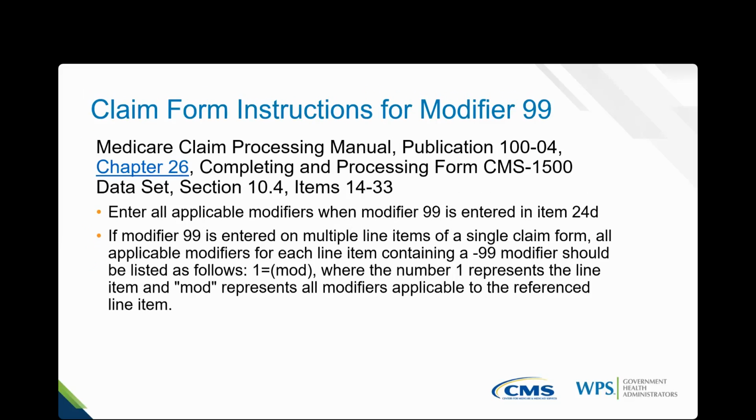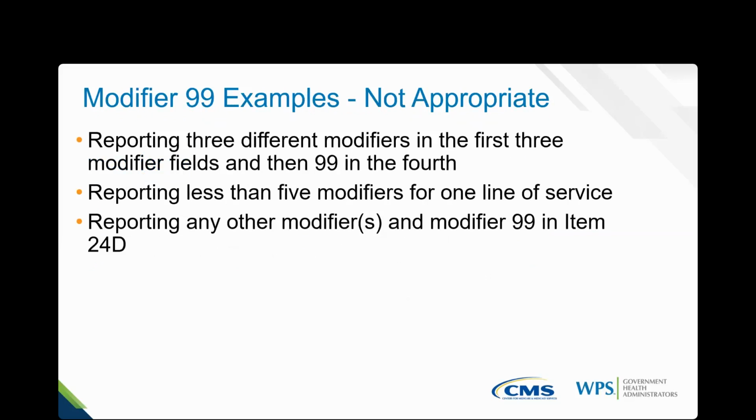Next are those examples of not appropriate use for the 99 modifier. It is not correct to report 3 different modifiers in the first modifier fields followed by the 99 modifier in the fourth field. Like I just mentioned, if you're going to report 99 on a claim, the only modifier that will show on that detail line will be the 99, and then you'll list those other modifiers up in item 19 or the electronic data equivalent.